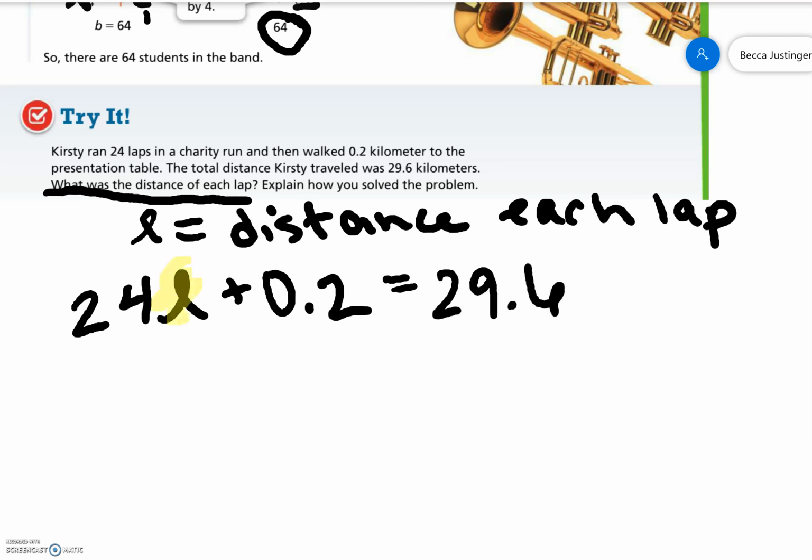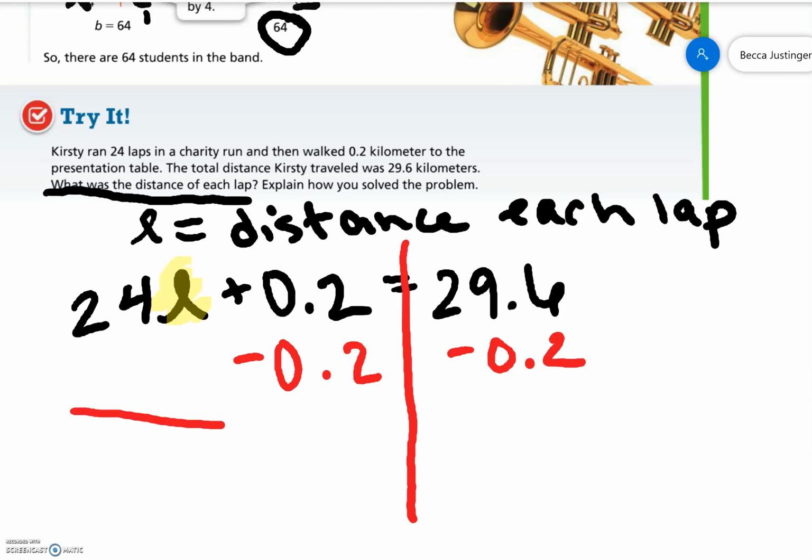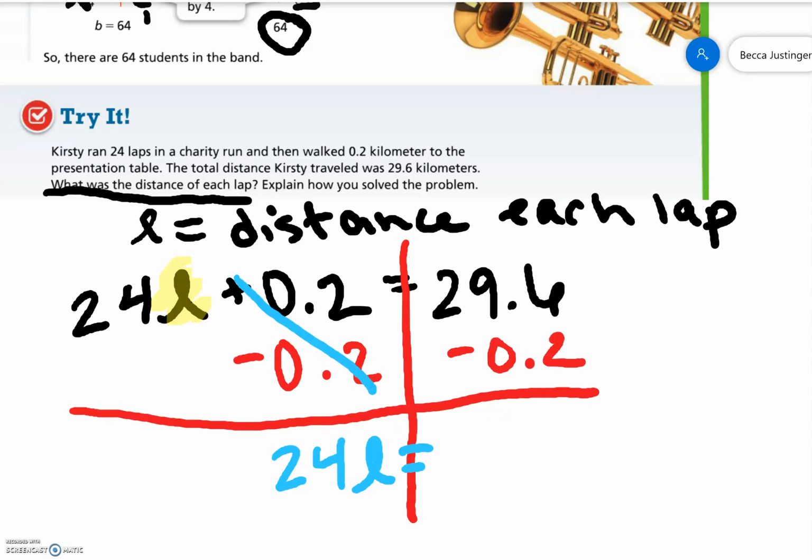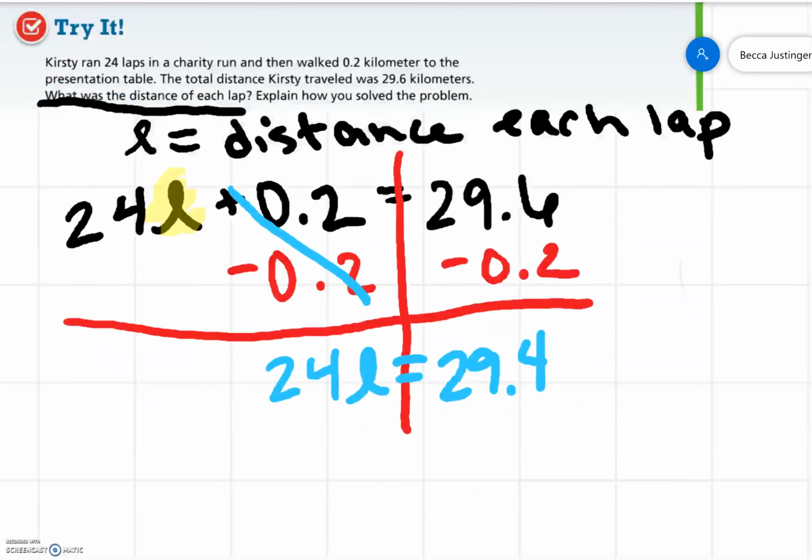Now we have to solve for L, so what are we going to get rid of first? The 0.2. So we subtract that from both sides. When I say both sides, I mean both sides of the equal sign. So it cancels out on the left, and we're left with 24L equals 29.4.